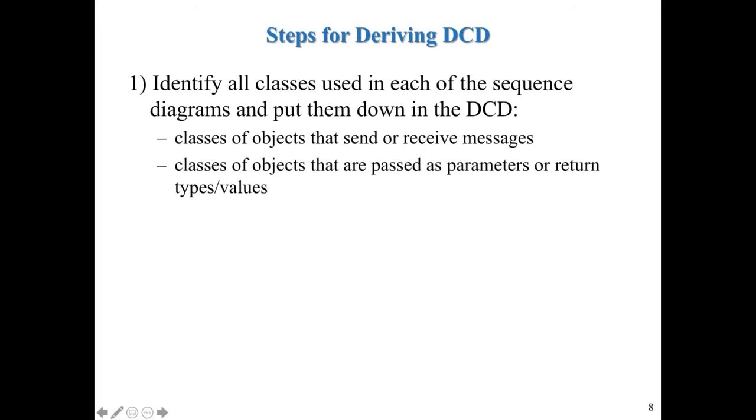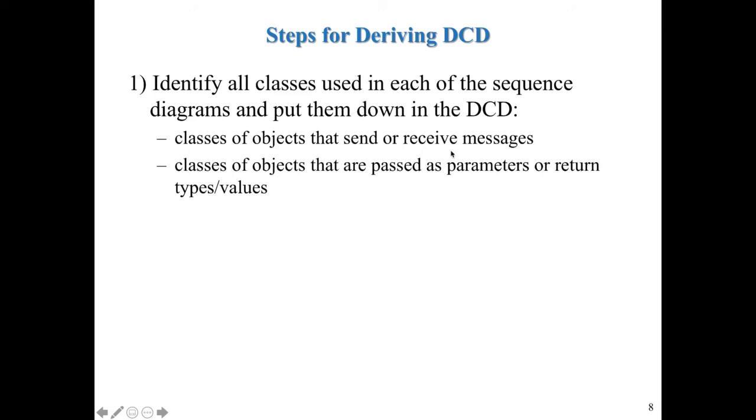So from that, you will identify the classes. What were the classes? Classes were your nouns from your description. You extracted nouns. For those nouns, either you made classes or the attributes of the classes. First you identify the classes, then you identify the classes that send or receive messages.